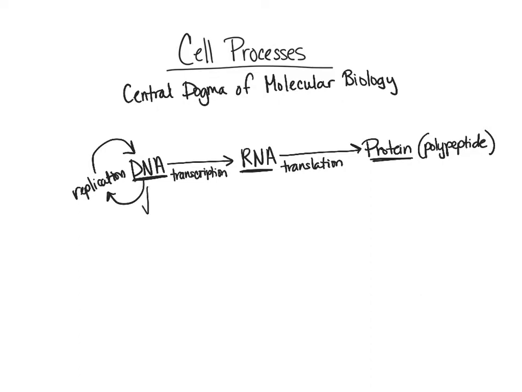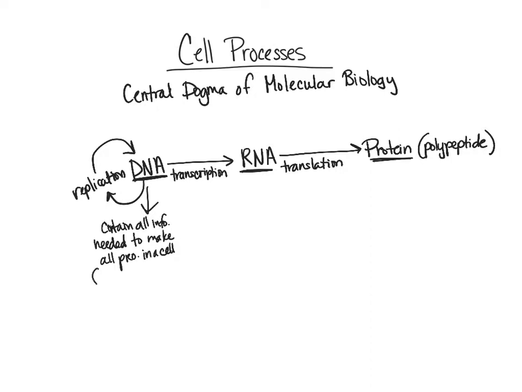So remember that DNA contains all the information needed to make all the proteins in a cell. We'll look at that again, specifically how the different nucleotides are holding on to all of this information for how to make all of the proteins in the cell.